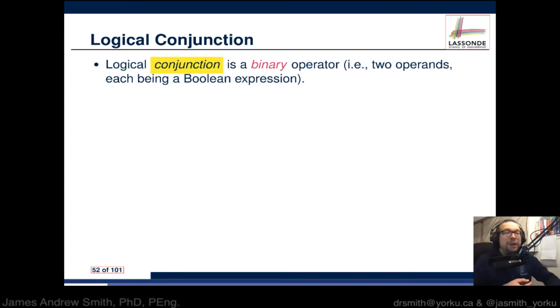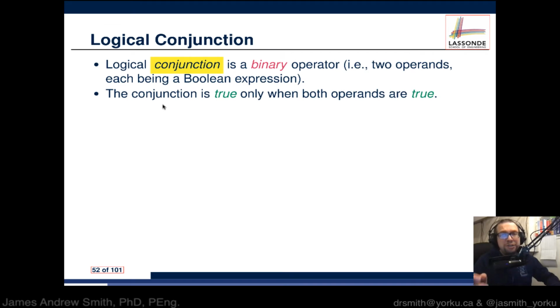All right, so we have the logical conjunction, and that's the and. We'll refer to it typically as the and, as we have in previous classes like the MATLAB class. So the logical conjunction is a binary operator. That is, it operates using two operands, so one thing on either side of the conjunction.